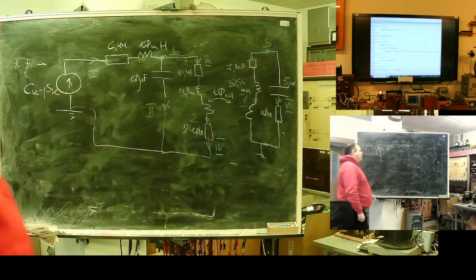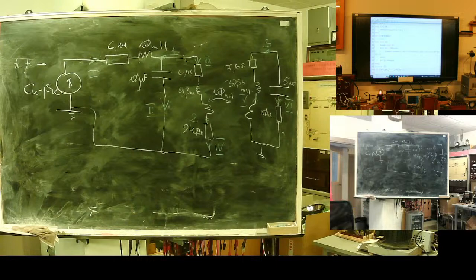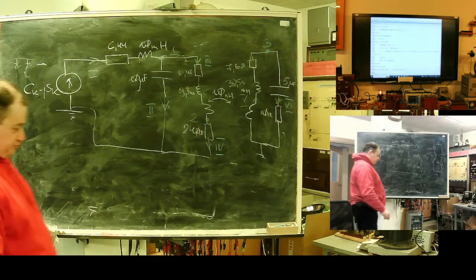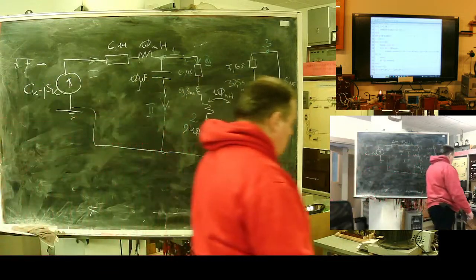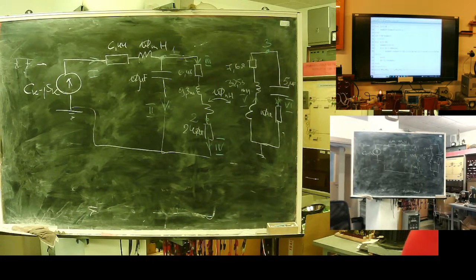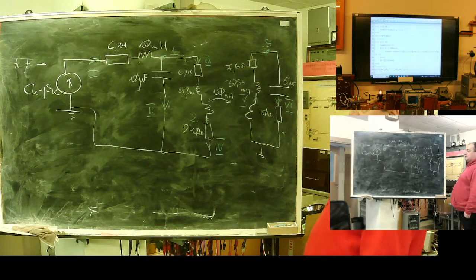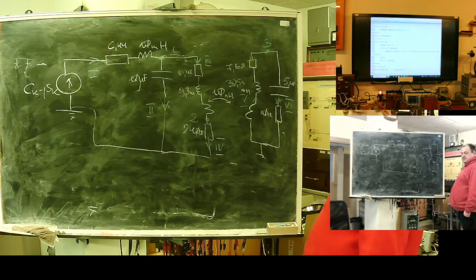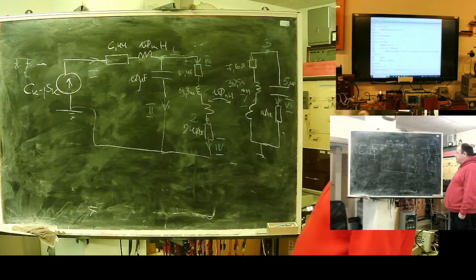Here I have numbers on all nodes, numbers and directions of all branches. It's mandatory. You need to number nodes, select base node, number the branches and assign directions.